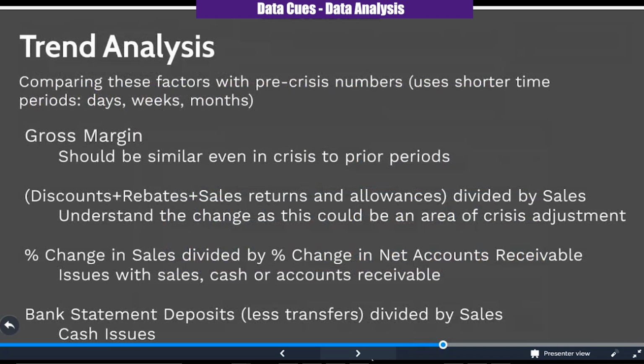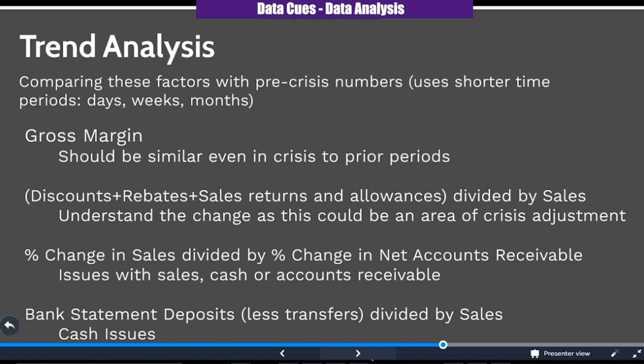So some of the trend analysis you might want to do, some tools: look at your pre-crisis data, and now look at data using periods, months, and weeks. See how your gross margin is. It should be similar even in crisis periods. Add up all your discounts, returns, and allowances. Divide them by sales. See how they compare to pre-crisis.